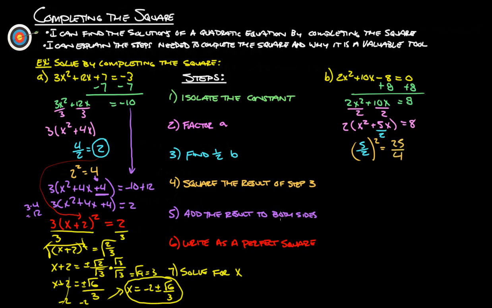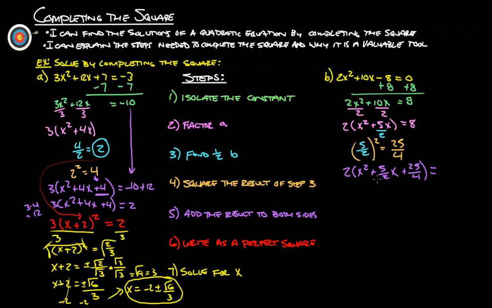Okay? So what we got to do now is add the 25 fourths to both sides, right? So we're going to go 2 times x squared plus 5 halves x plus 25 fourths over here, right?